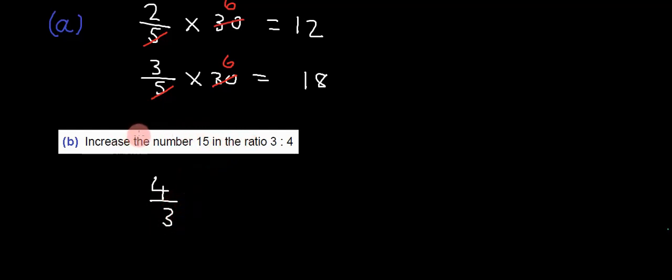So whenever we have to increase a number in a certain ratio, we take the bigger number in the ratio divided by the smaller one, and then we multiply this by whatever number we have to increase, in this case 15. So 3 into 15, 5 times, and then times 4 will be 20. So now we have increased 15 in the ratio 3:4.